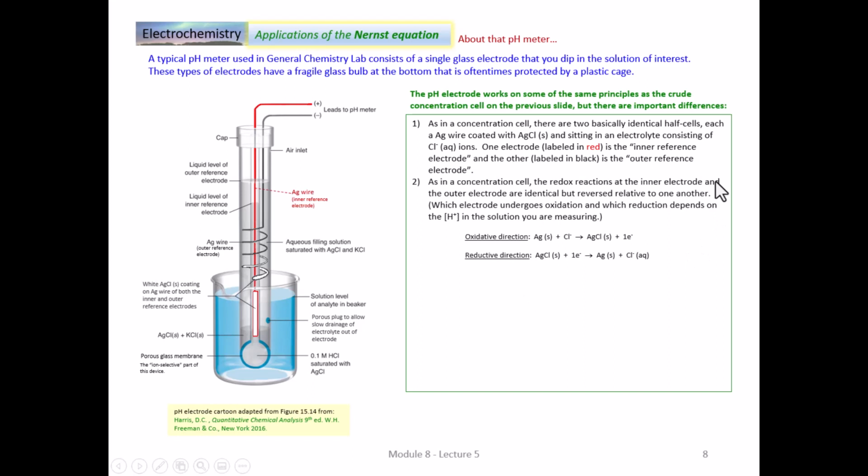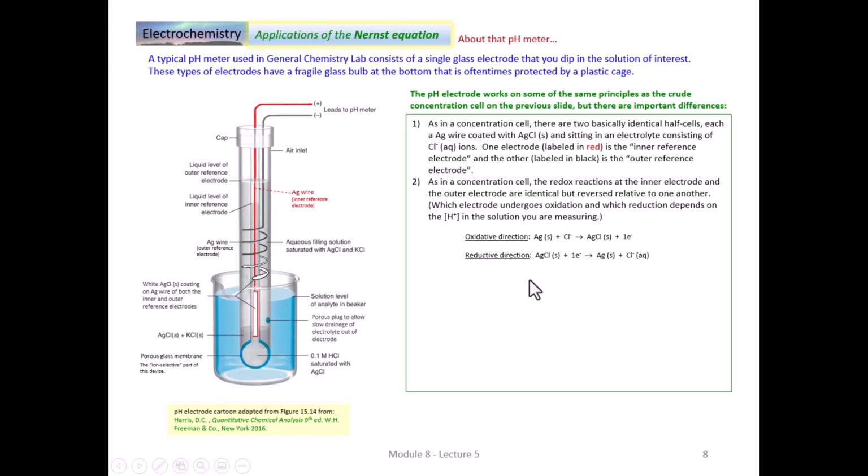Now, as in a concentration cell, the redox reactions at the inner and outer electrode are identical, but they're reversed relative to one another. Which electrode undergoes oxidation and which reduction depends on the concentration of hydrogen ion in the solution whose pH you're measuring.